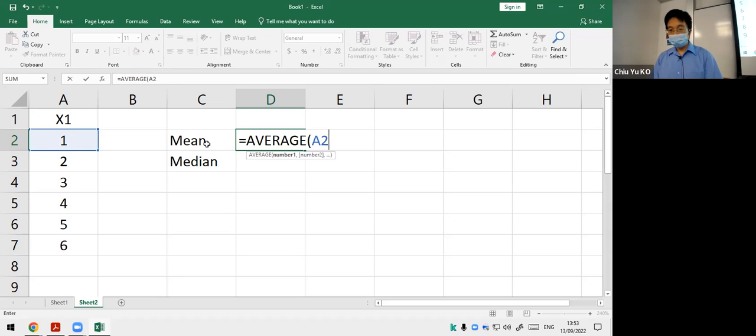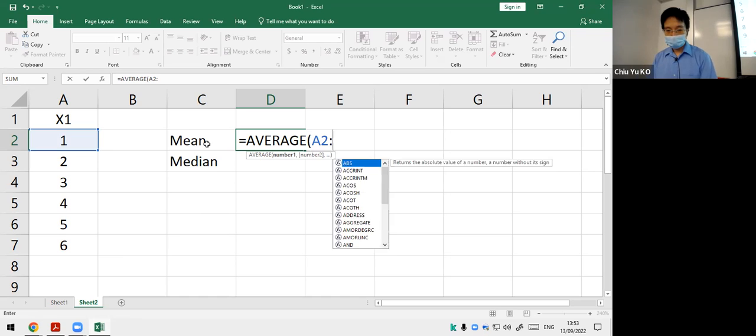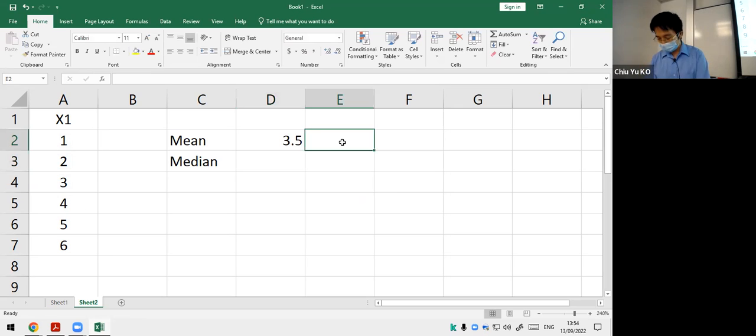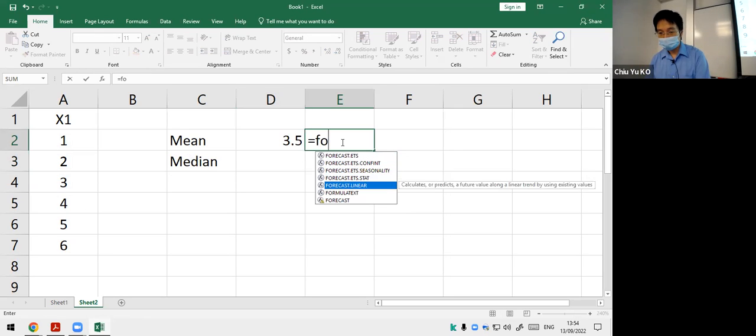We use a colon to tell it from A2 up to A7, and then close the bracket. This is the same as inputting the curly bracket 1, 2, 3, 4, 5, 6. That's one way to do it. Let me do the formula here.